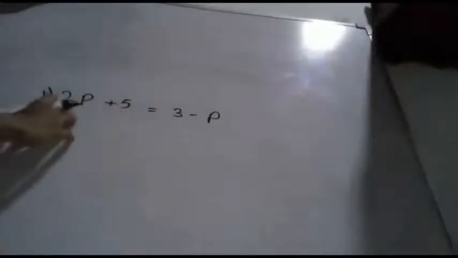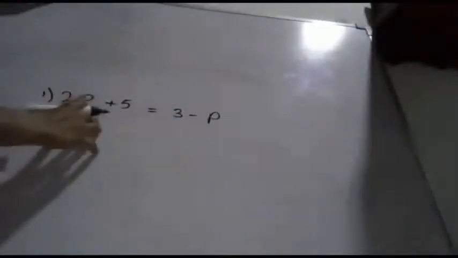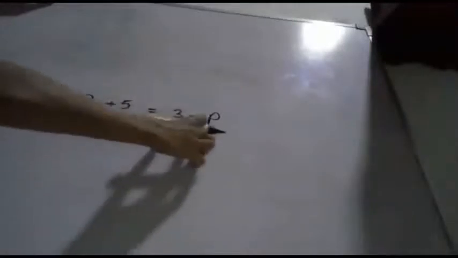2p plus 5 is equal to 3 subtract p. We take these algebraic terms to the left hand side and we take numbers to the right hand side. Here negative p, subtract 3.